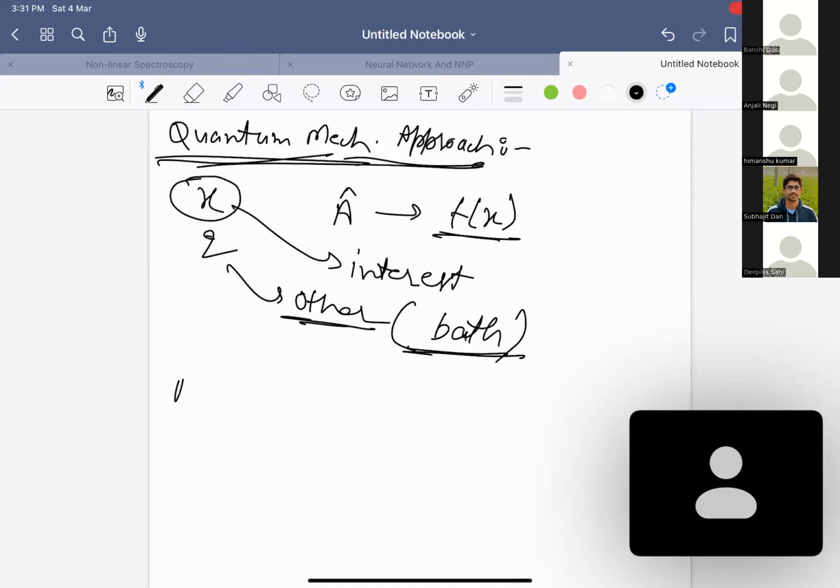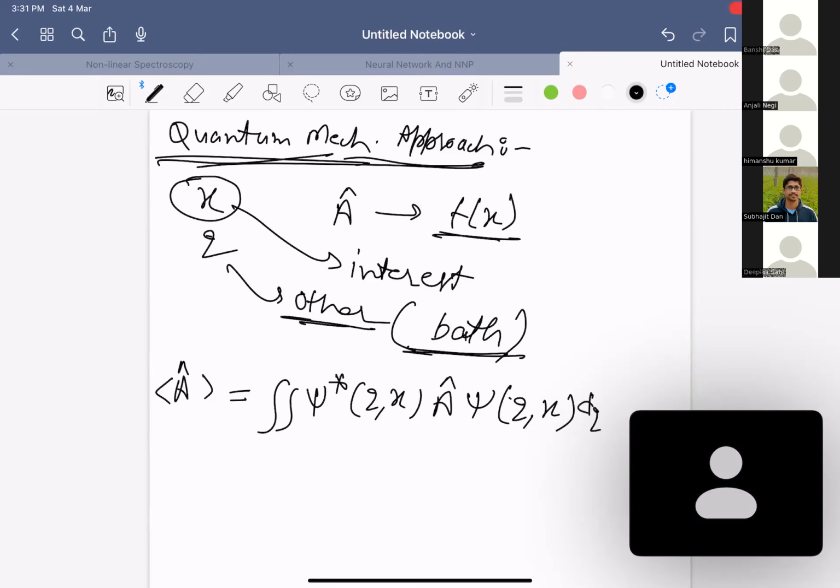Then the expectation value of A will be given by psi star, which is a function of q and x, A, psi of q, x, dq and dx. Just the normal expectation; that is how we evaluate the expectation of any operator.